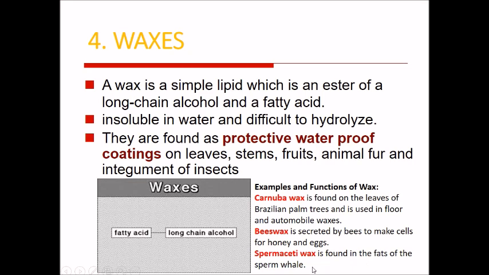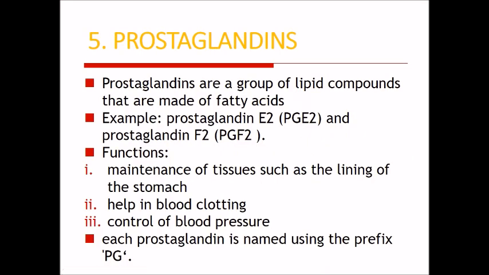and also spermaceti wax that you can find in the fats of the sperm whale. Then next we have prostaglandins. Prostaglandins are also a group of lipid compounds that are made up only from fatty acids.